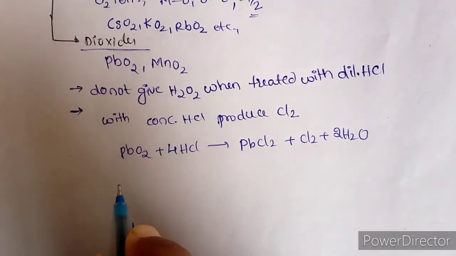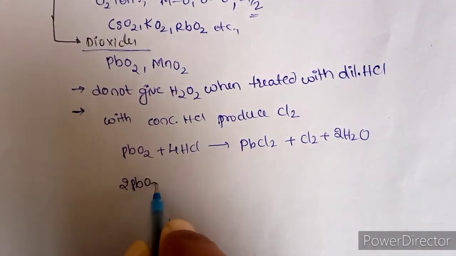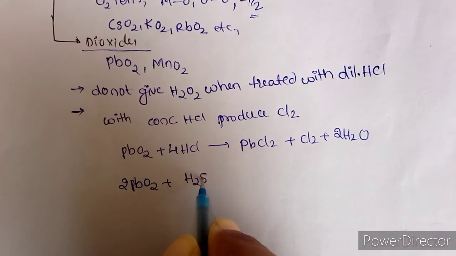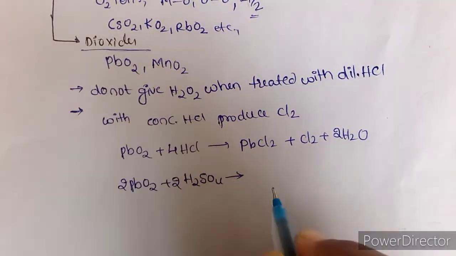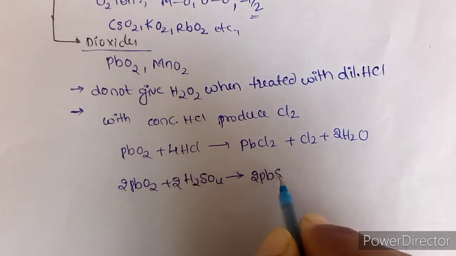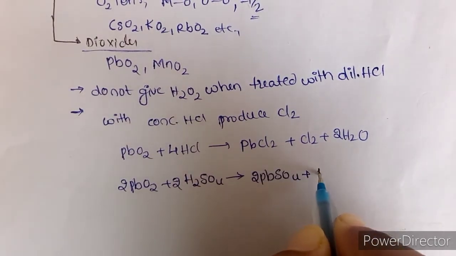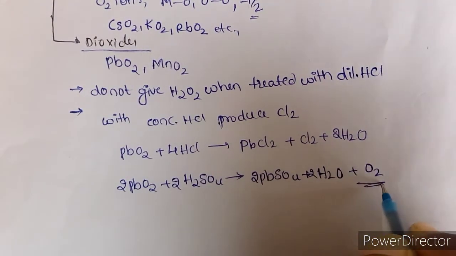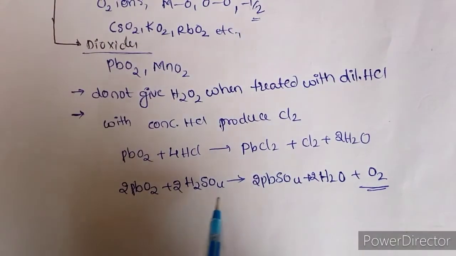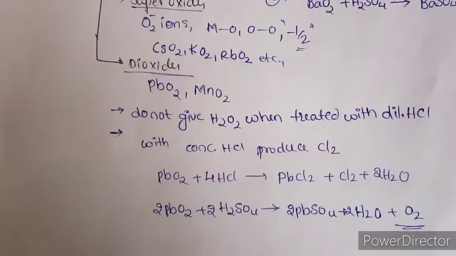And again, this lead oxide in reaction with concentrated sulfuric acid gives lead sulfate, along with water, and gives O2 gas. This is about dioxides.